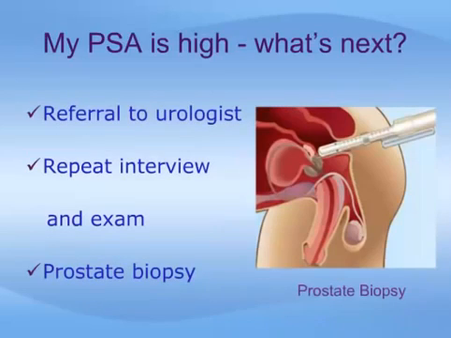At some point, you will likely be referred to a urologist, who is a surgeon specializing in the genitourinary tract. The interview and exam will be repeated, and if felt necessary, a biopsy of the prostate may be requested. Prostate biopsy is discussed in detail in a separate module.